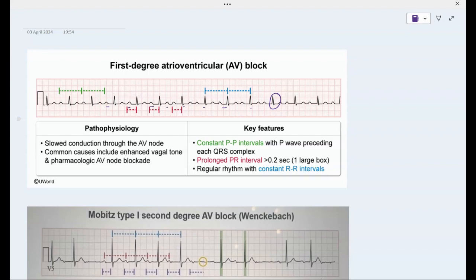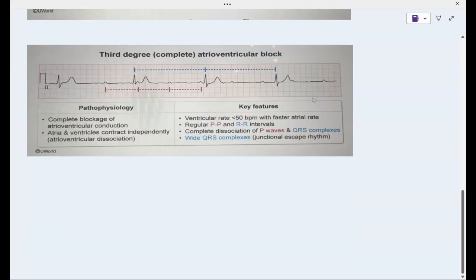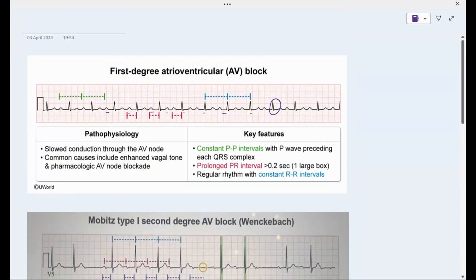If it's like that, then third degree is ruled out, because in third degree the QRS can occur without a P wave before it. So third degree is ruled out.